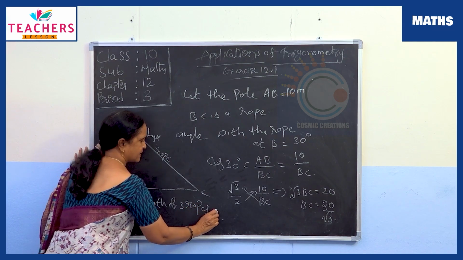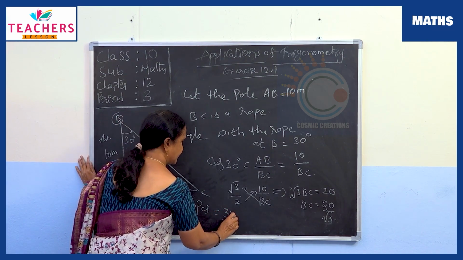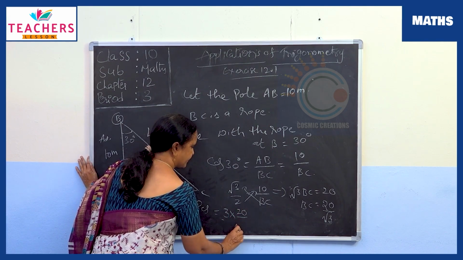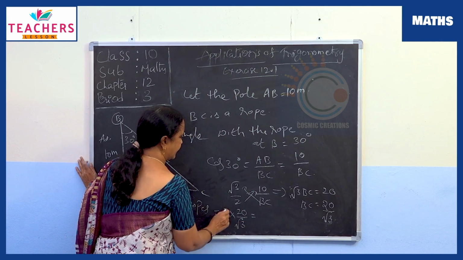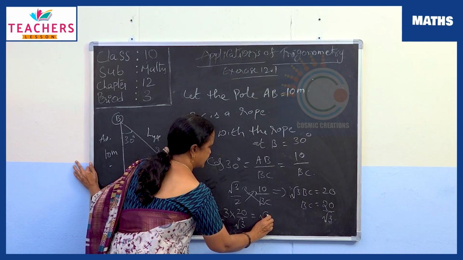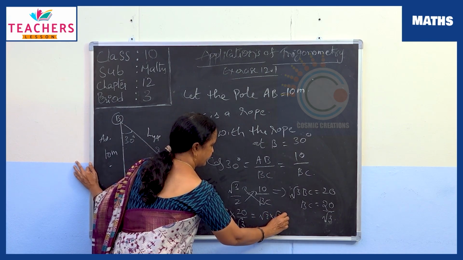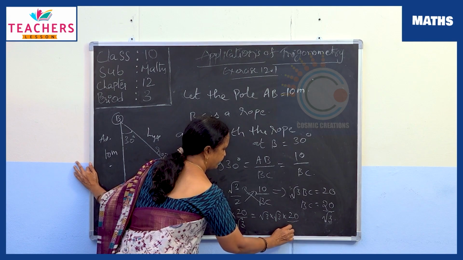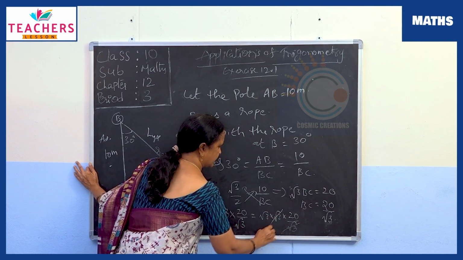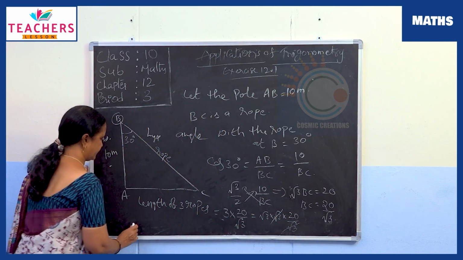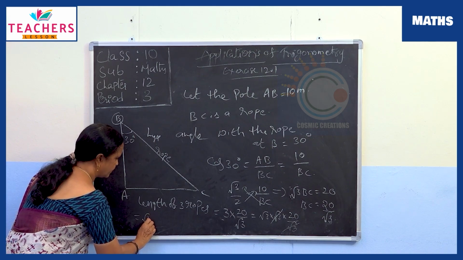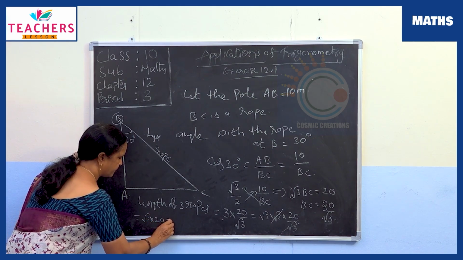3 ropes equal to 3 into 20 by root 3. Can I write 3 as root 3 into root 3? Yes, into 20 by root 3. Root 3 gets cancelled. Then this is going to be root 3 into 20.